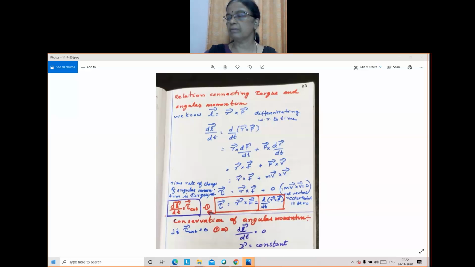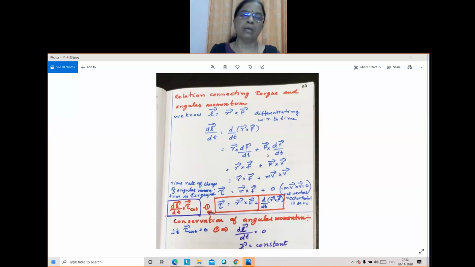The rate of change of momentum of a body is proportional to the applied force. Yes, very good. The rate of change of momentum is directly proportional to force, that means the rate of change of momentum is force. That is Newton's second law, and that is the relation between linear momentum and force.